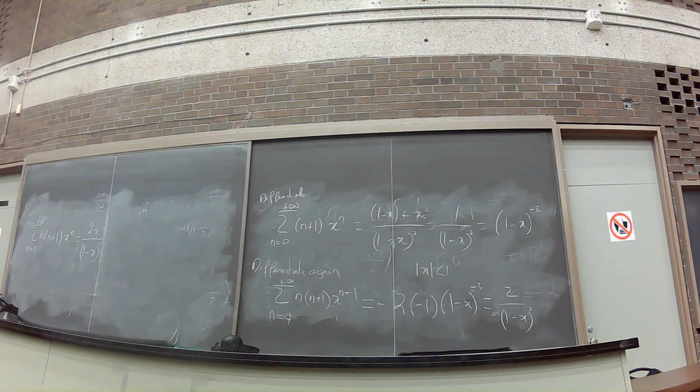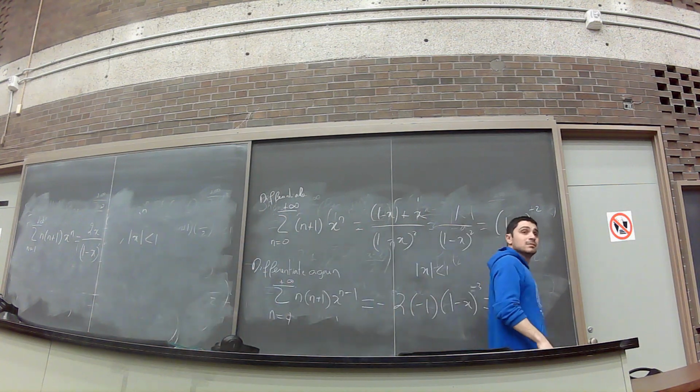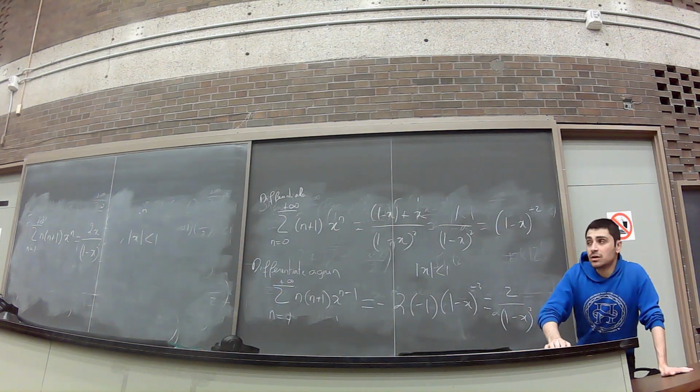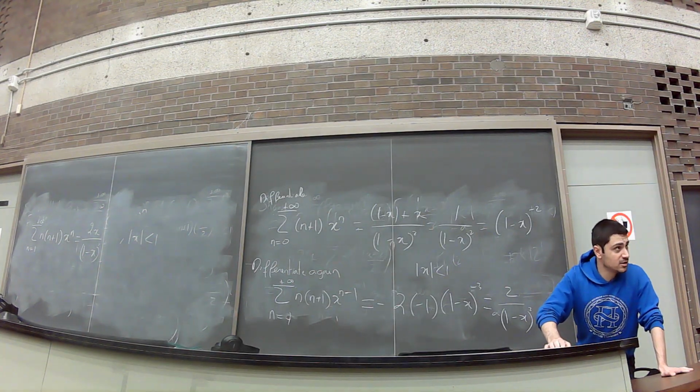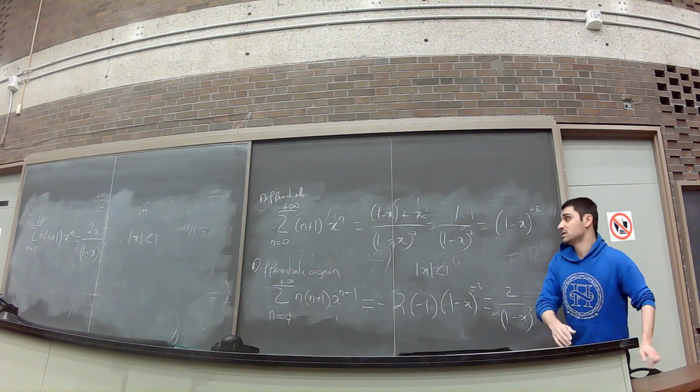Okay, now what do you do? How do you find the value of the series that you want? Of course, all of this holds if x is less than 1. You need the series n times n plus 1 times minus 1 half to the n. So what do you plug in for x? Can you do that? Is this series equal to the function at x equal minus 1 half? Why? Because it's an absolute value, it's less than 1.